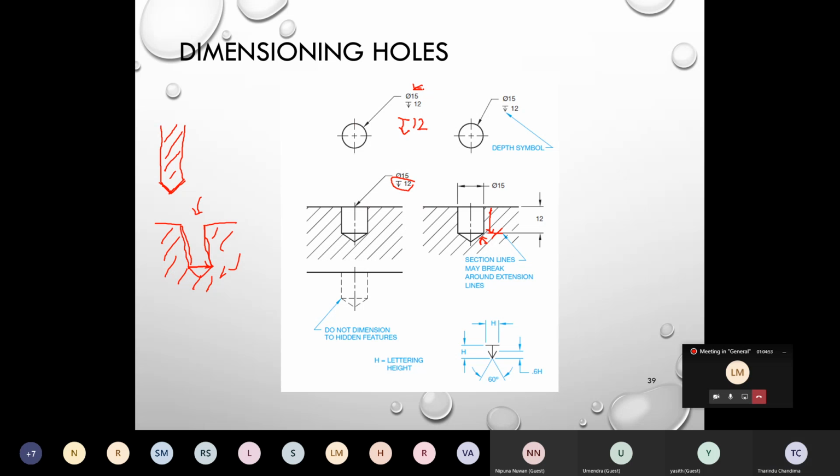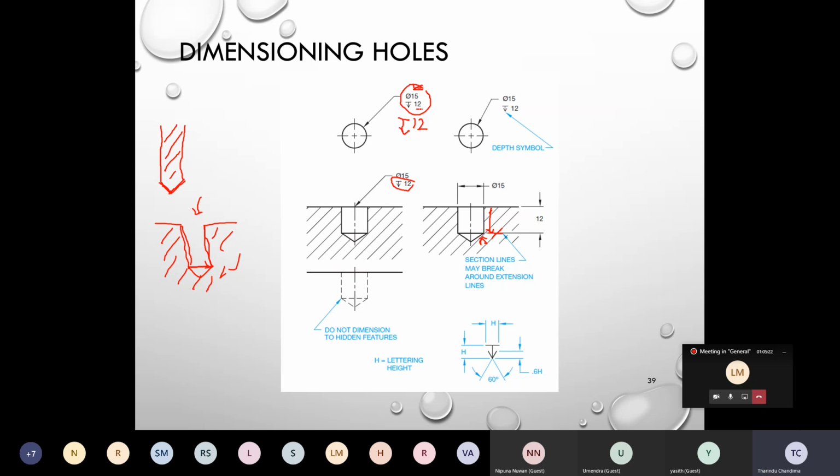This type of dimensioning is particularly useful when you are not going to place the dimension in your sectional view. You can just define this dimension in your front view. Then your manufacturer will know that you have a 15 diameter hole and your depth is 12.